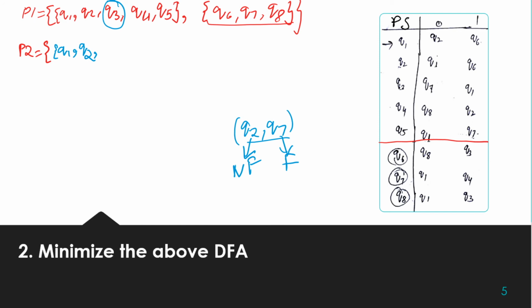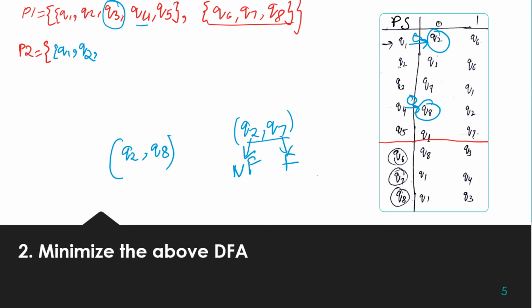Now let's check the next state, Q4. So let's check the compatibility of Q4. From Q4 we are moving to state Q8 for input symbol 0, and from Q1 we are moving to state Q2.